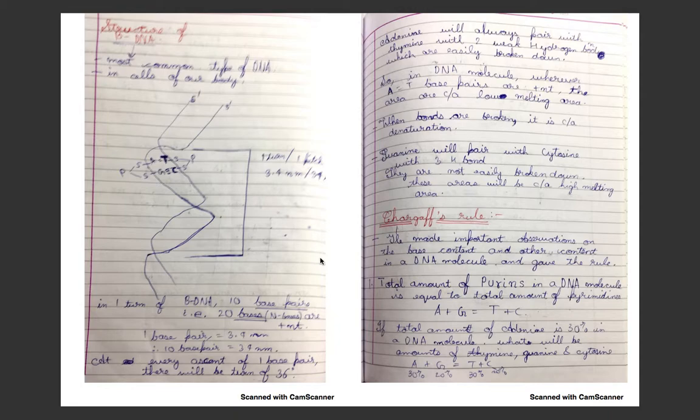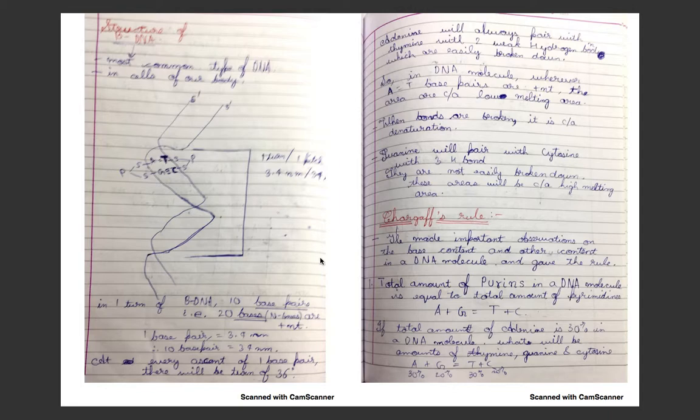Now, if the total amount of adenine is 30% in the DNA molecule, what will be the amount of thymine, guanine, and cytosine? Okay, the number of adenine will be equal to thymine, and the number of guanine will also be equal to cytosine because they form a pair and there will be no exception.